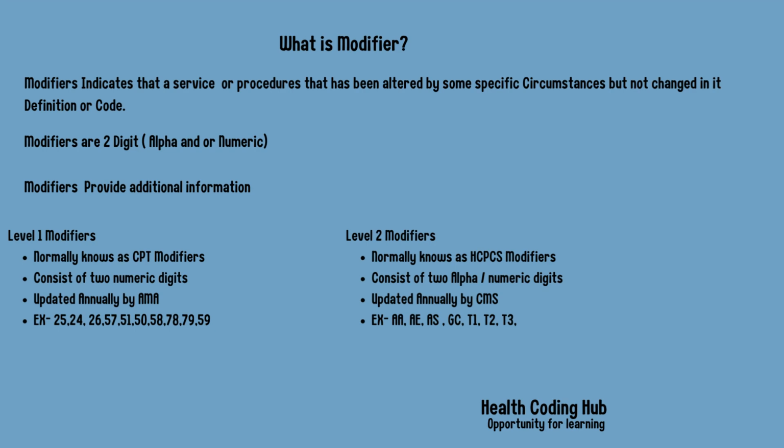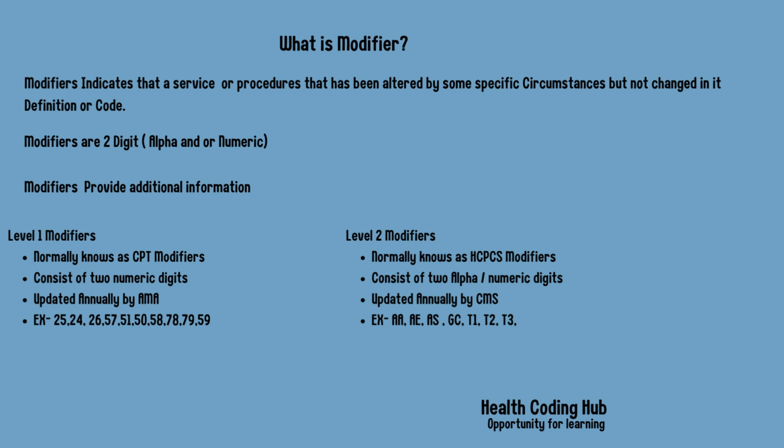In medical coding, we can find two different levels of modifiers: Level 1 modifiers and Level 2 modifiers. Level 1 modifiers, normally known as CPT modifiers, consist of numerical digits and are updated annually by the AMA, American Medical Association. Examples of Level 1 modifiers are modifier 25, modifier 24, modifier 26.